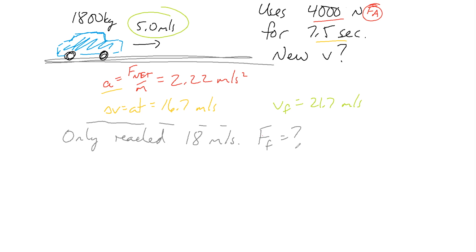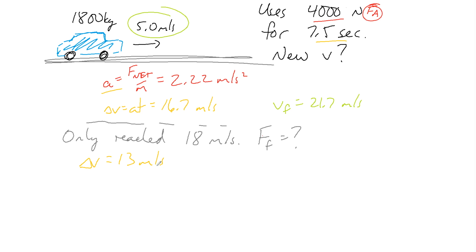Let's find a couple things here. First of all, the final speed was 18. The initial speed was 5. So our change in speed before was 16.7. Now our change in v is only going to be 13 meters per second, which means our acceleration will also be different.